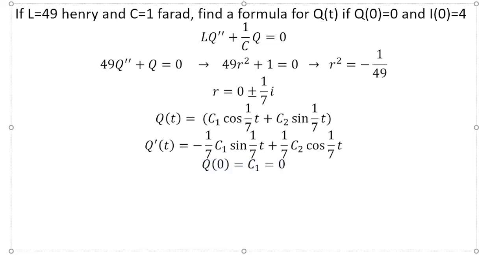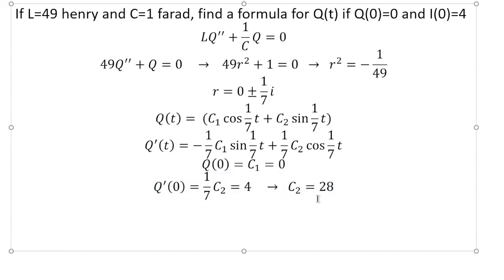And then secondly, if you plug in Q prime of 0, then sine of 0 is 0, so there's no c1, but you just get 1 over 7 c2. Cosine 0 is 1, so you just get this, and that has to equal 4. And therefore, if you solve for c2, you see that c2 must be 28 by multiplying by 7 both sides.